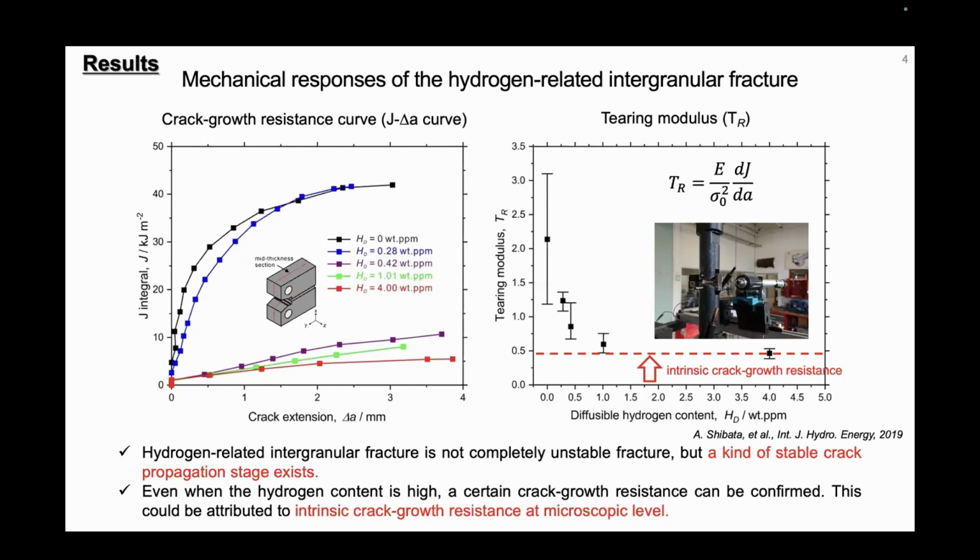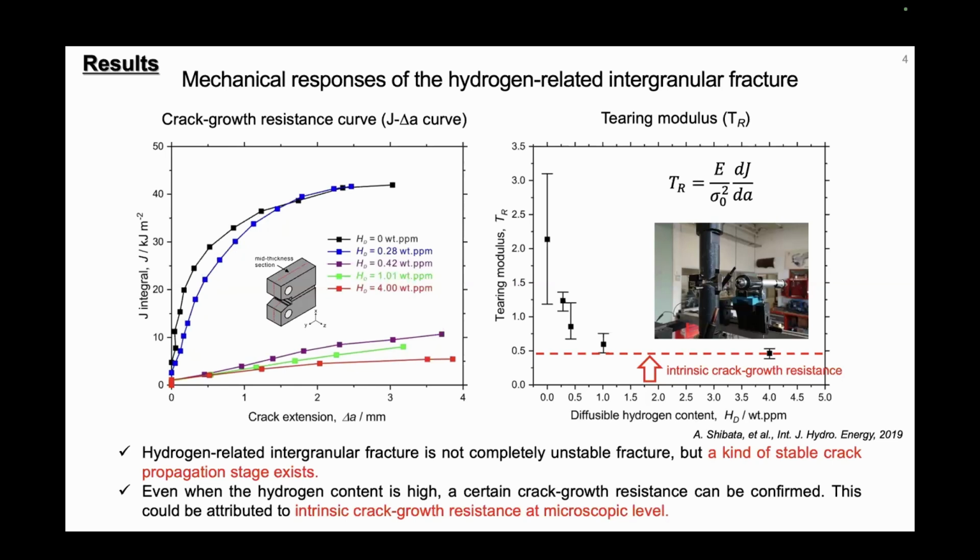But after cracks start to propagate, the slope of this J-delta-a curve is not zero, but has a positive value. This indicates that the hydrogen-related fracture, even intergranular fracture, is not a completely unstable premature fracture, but a kind of stable crack propagation stage exists like this.